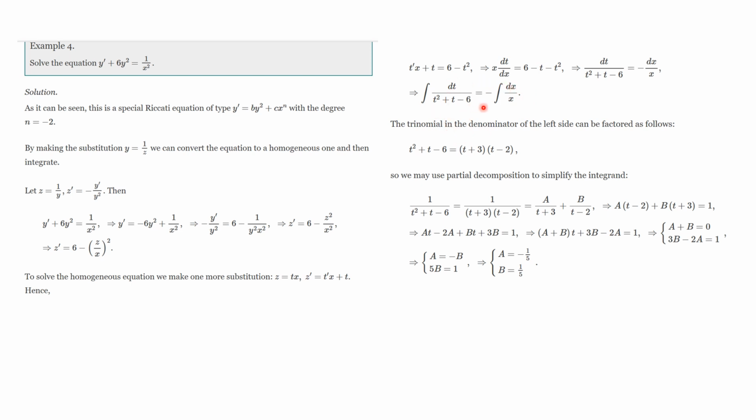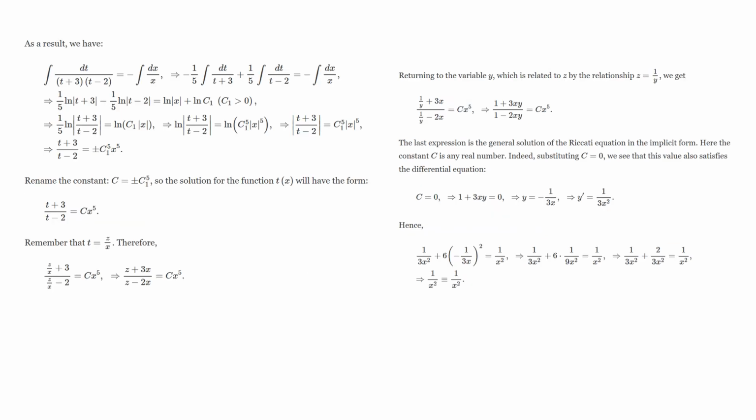Well, this can be factored, and so we realize the way we're going to do this integral is by partial fraction decomposition. So the trinomial there can be factored this way, and so we can use partial fraction decomposition, determining what a and b have to be, and we figure out that a has to be minus 1/5 and b has to be 1/5. Make sure you can do these steps because you will have to do these to solve the problems.